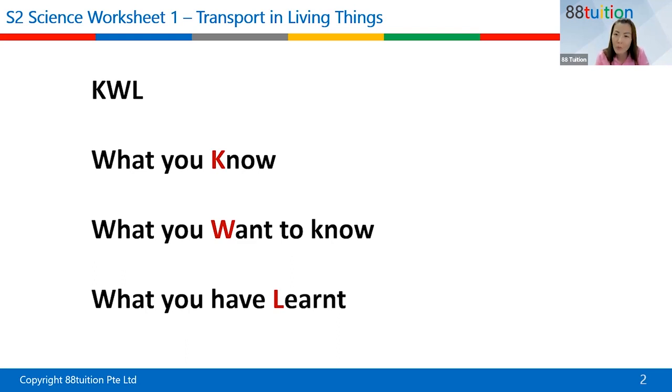So what do you want to know in this topic? Every lesson, I'll be asking the same thing. So next lesson, you have to come a little bit prepared. Tell me about what you know, what you want to know, and then what you have learned, maybe later part of the tuition session.